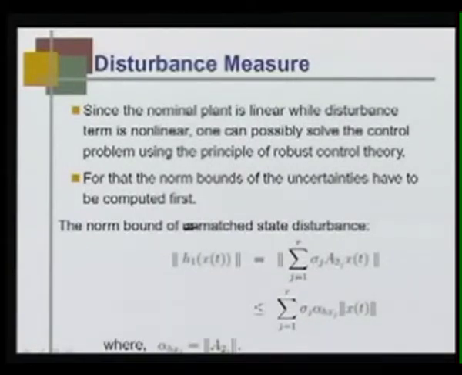So, I can represent this particular term using the triangular inequality as less than or equal to the sum over j of the induced norm of A2j, which is alpha hxj, meaning alpha hxj represents the maximum singular value of A2j, times the norm of x(t) separately. So, this is a triangular inequality, and what we are saying is that this disturbance is represented in terms of a measure, a disturbance measure, which is less than this quantity. Okay.